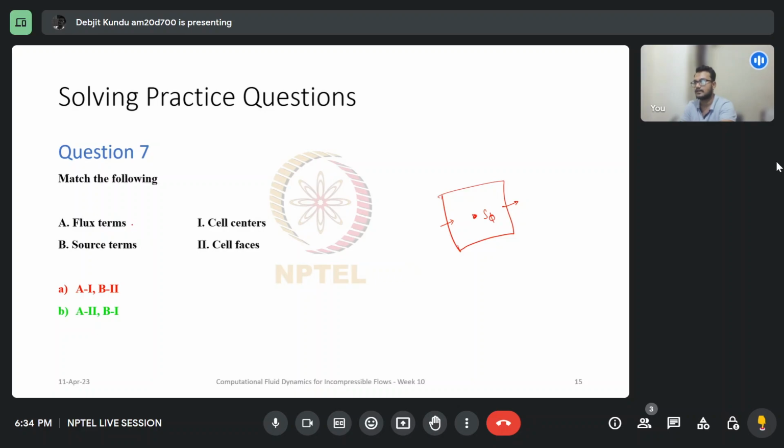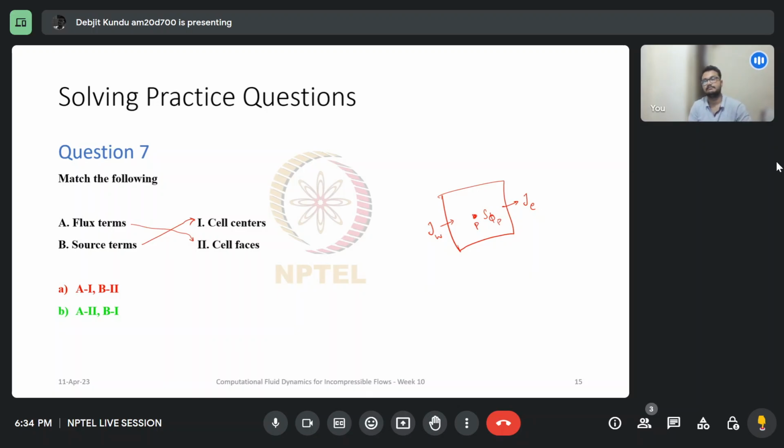So flux at cell face, I'll write down J west and J E, and S P is done at P, which is the cell center. So source terms are calculated at cell centers and flux terms are calculated at cell faces. Hence, the correct option would be option B, A2 and B1.